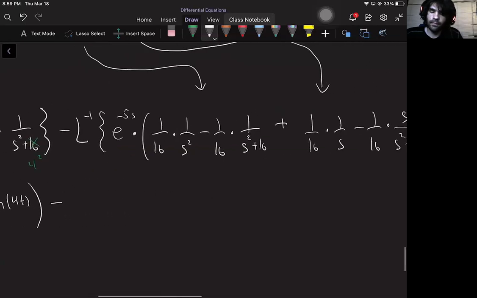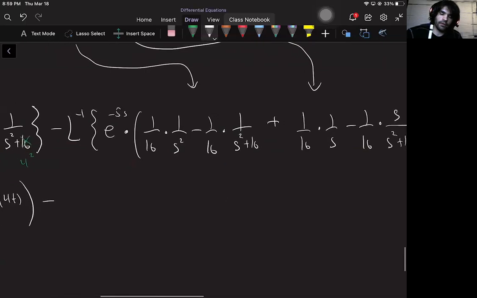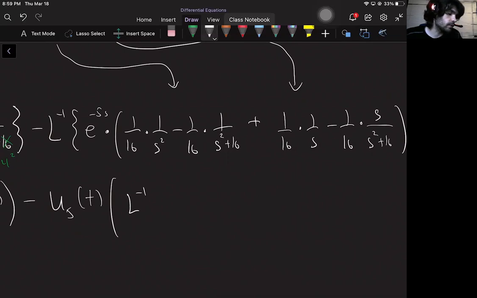Now here, it's a shift thing. So this is going to be a shift by 5 times the inverse Laplace transform of the rest of it is the idea again.